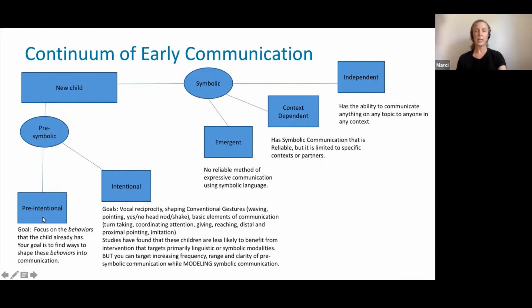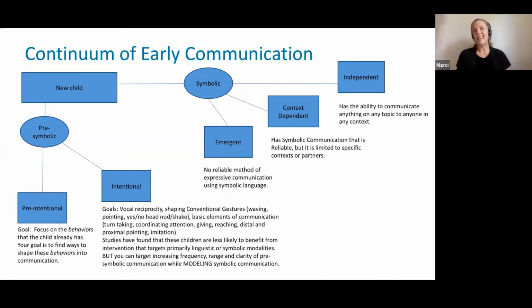We have your pre-intentional communicators and then your intentional communicators. The pre-intentional communicators are really those youngest chronologically or developmentally, where they're just using their behavior. The intentional communicators who are pre-symbolic are communicating. They're using other means besides symbols.